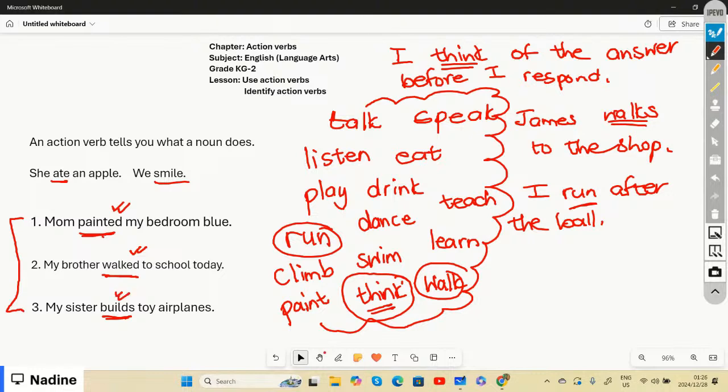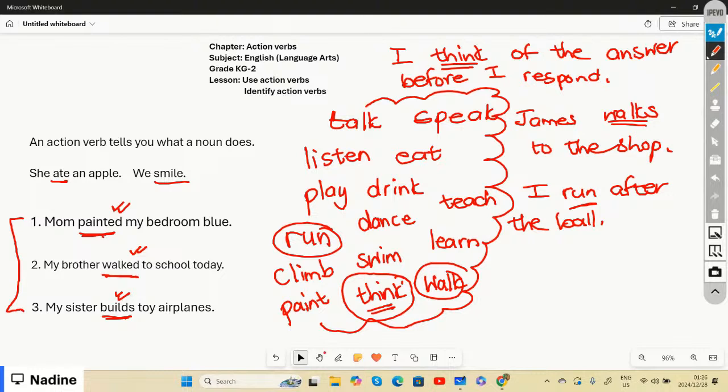Builds is the action verb that we identified, right? And then we also looked at more action verbs, which are talk and speak, listen, eat, play, drink, teach, run, dance, learn, swim, climb, paint, think, and walk. Those were a few action verbs that we looked at. We identified them together, right?